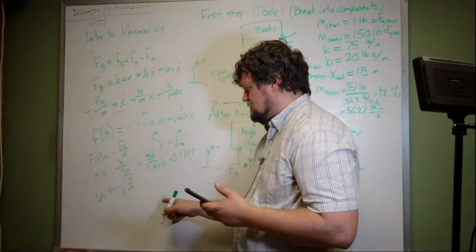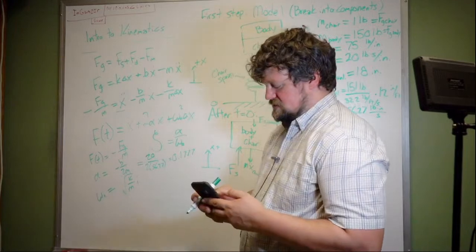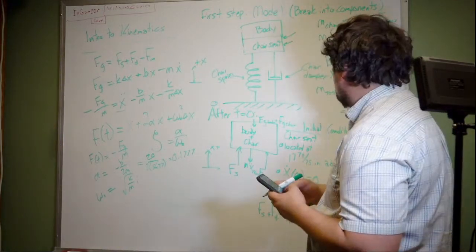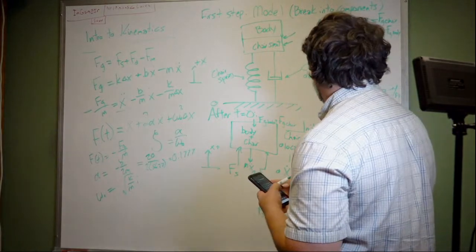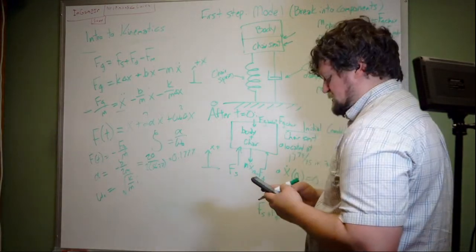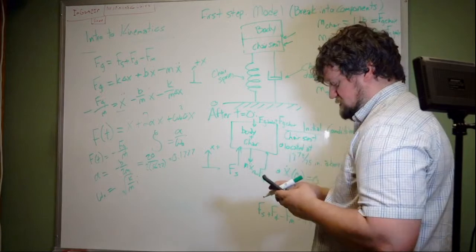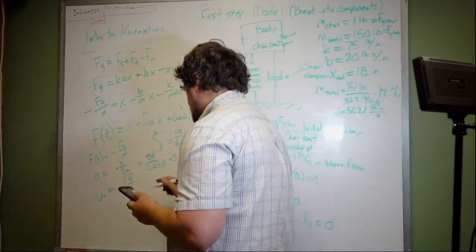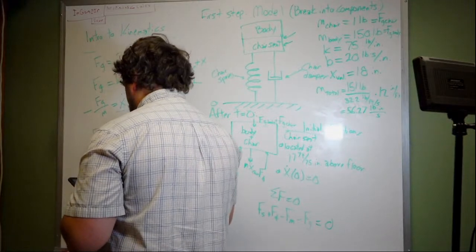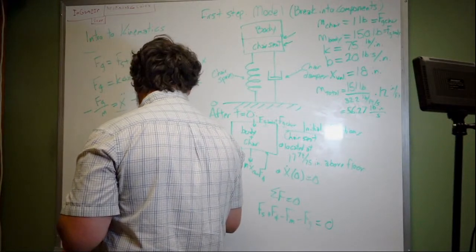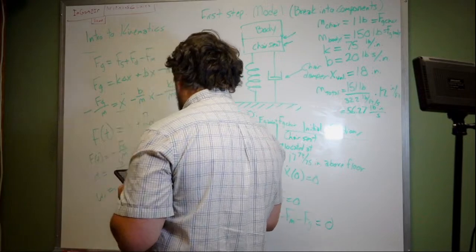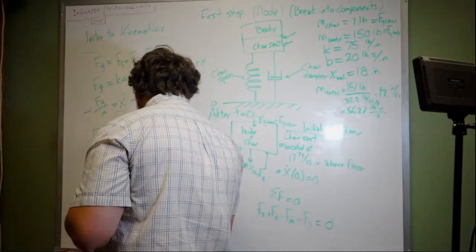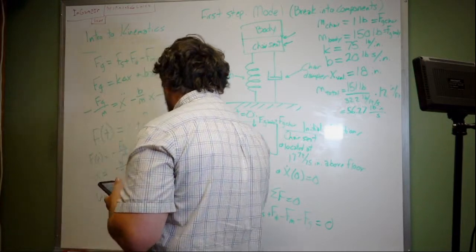For our omega naught value, the square root of k, which is 75, divided by m, which is 56.27, and that is equal to 1.1545.